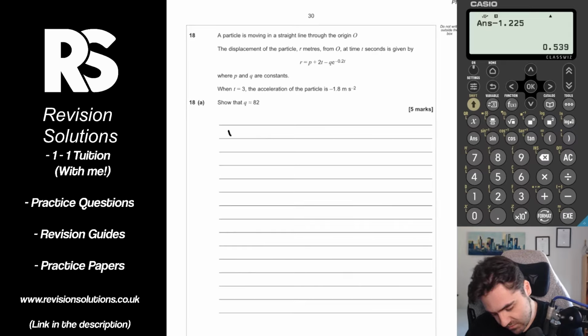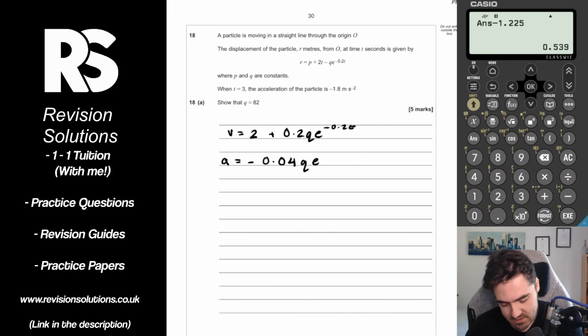So first off, the velocity function, if we differentiate once, p is a constant, so that disappears. 2t just becomes 2. And then we would have plus 0.2q e to the minus 0.2t. We differentiate once more to get acceleration. The 2 would now disappear, and now we'd have minus 0.04q e to the minus 0.2t.